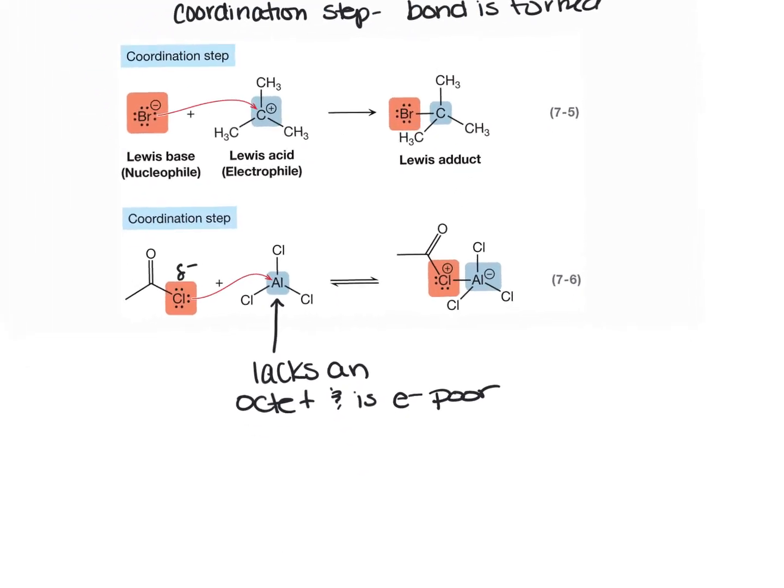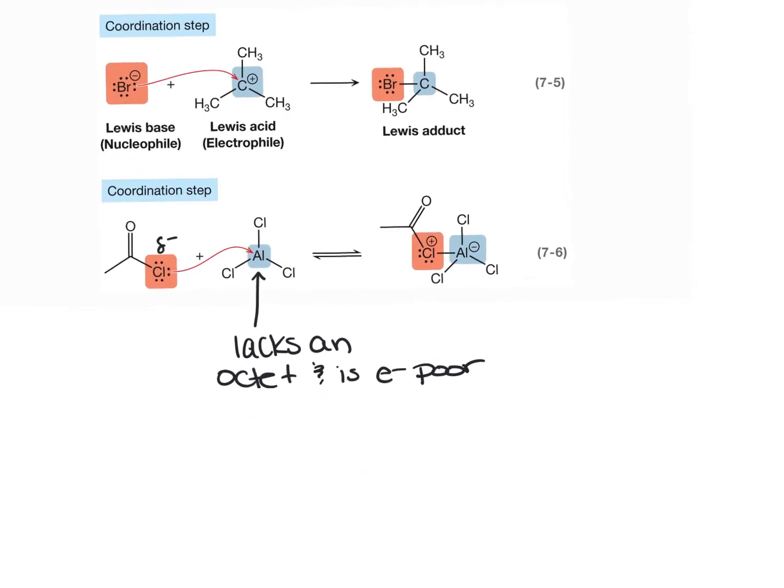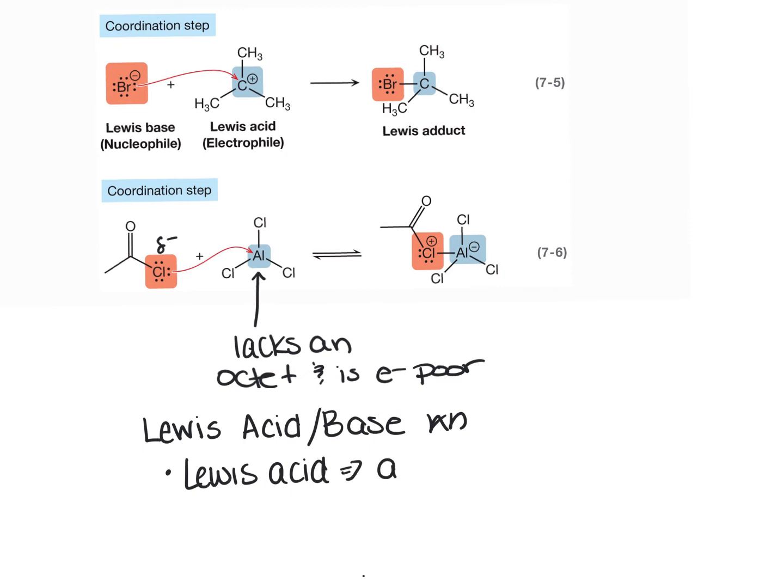Now, if you remember or recognize this from general chemistry, particularly the acid-base reaction chapter, you would not be wrong. This is a Lewis acid-base reaction, this aluminum chloride one. And I want to remind you in a Lewis acid-base reaction that a Lewis acid accepts an electron pair, and a Lewis base donates an electron pair.